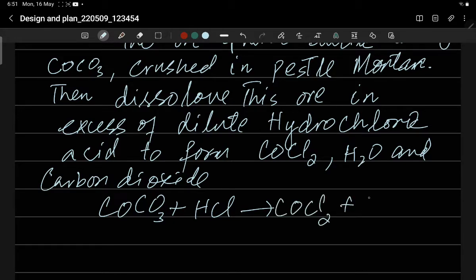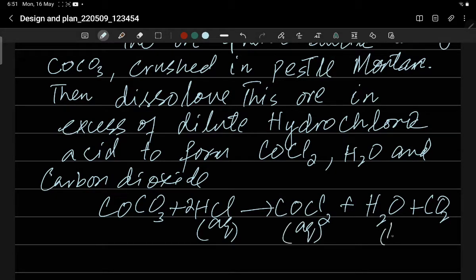CoCl2 plus water plus CO2. So we get cobalt chloride aqueous solution.